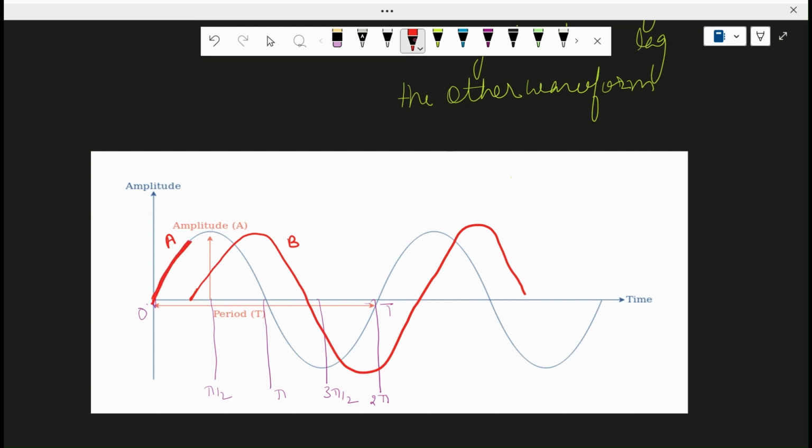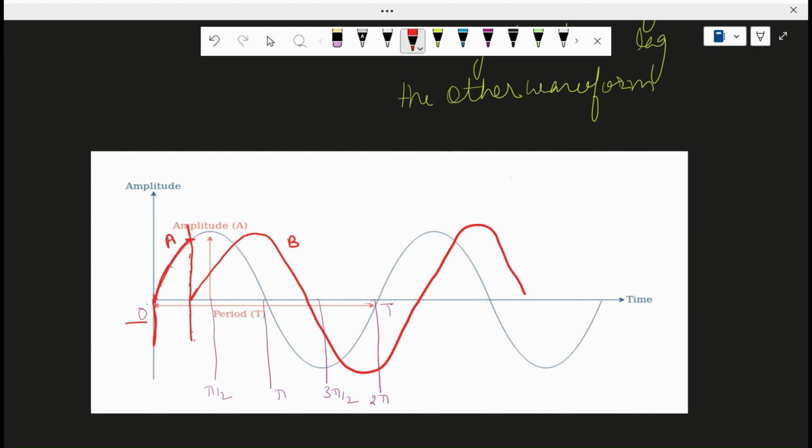So here we can see that when B started moving, A already had moved this much. We know these are the phases, and here will also be a certain phase.